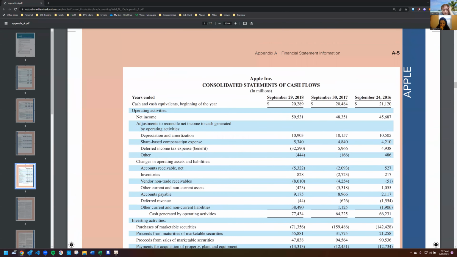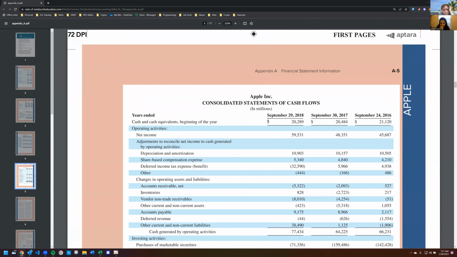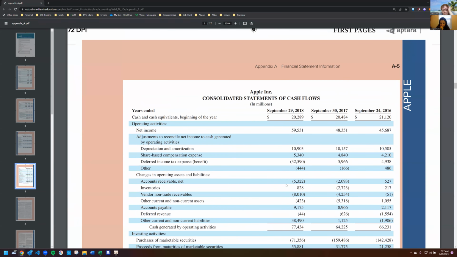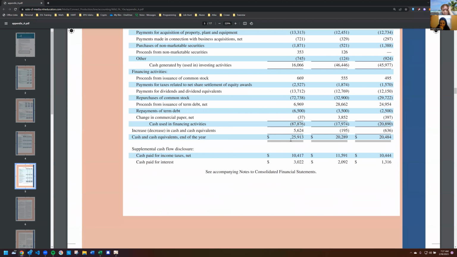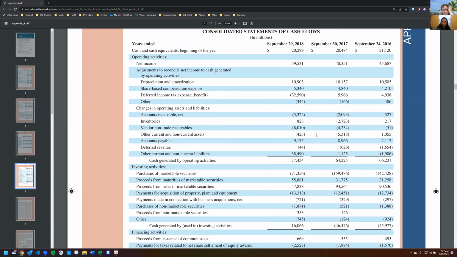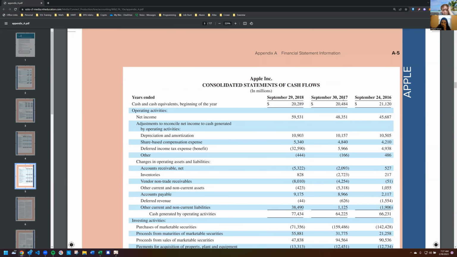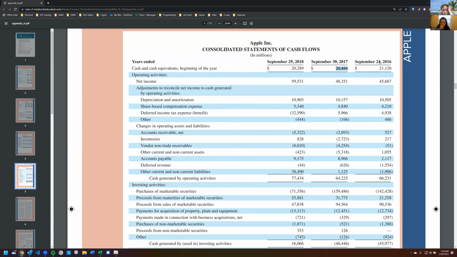Okay, so the statement of cash flows is going to start out with the beginning number and then work through all the changes and get you to an ending number. These ending numbers are the same that we saw before. But in order to know what the 2017 number is, you have to go to the beginning value. And this is your 24,484, or you could look at the ending number of 2016.